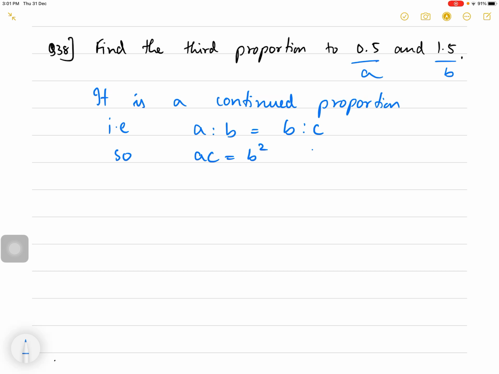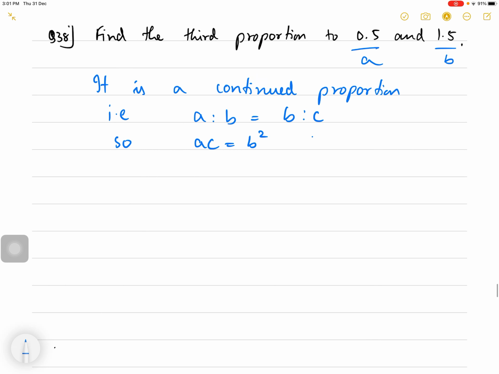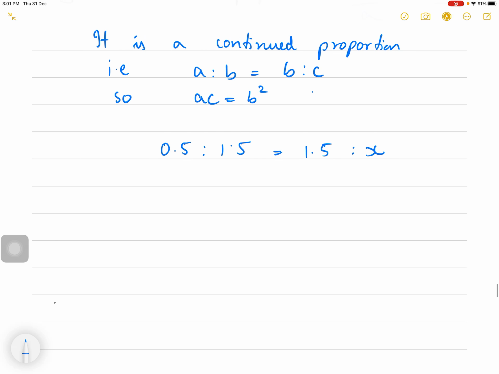Okay, so here 0.5 is to 1.5 is equal to 1.5 is to x. So 0.5x is equal to 1.5 square.